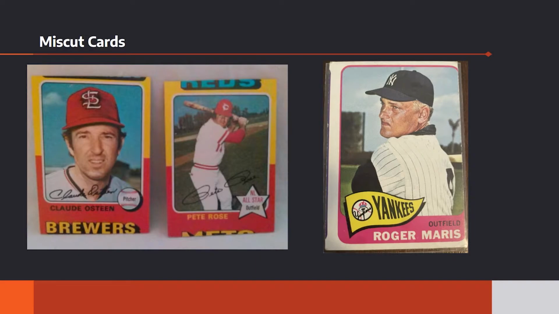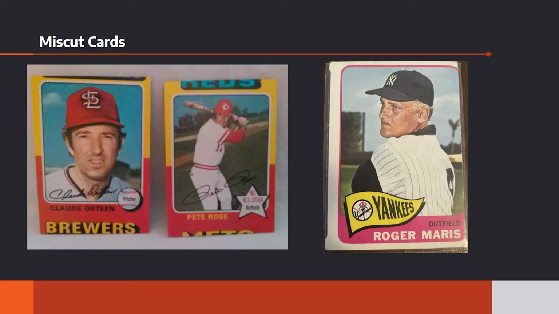The thing about miscut cards is a lot of people do not classify it as a miscut unless it contains another card. So in both cases of these, they are showing another card other than their designated card. The severity of the miscut determines if it actually is a miscut. In other cases, they just consider it off-center, and that's an alignment issue as opposed to a cutting issue.